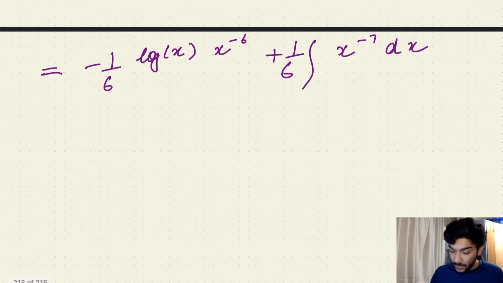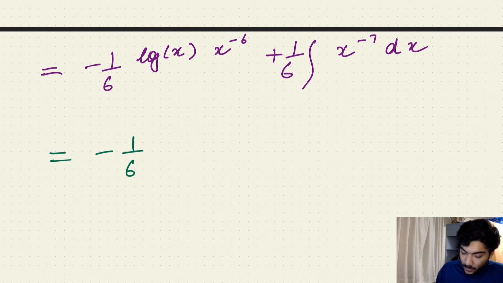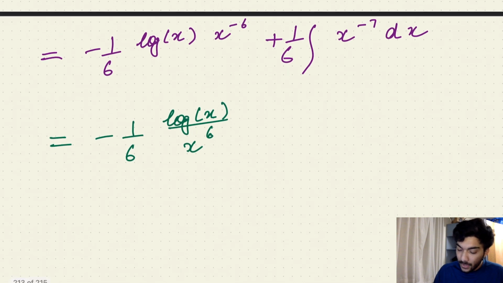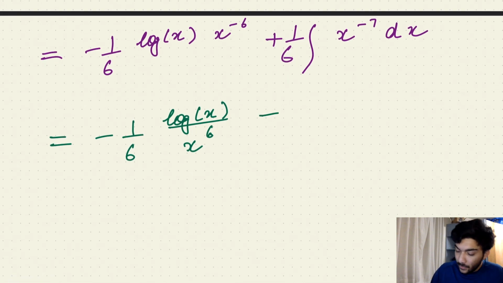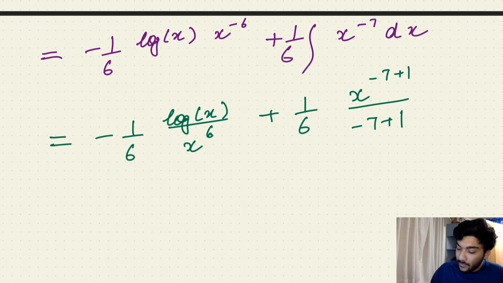So now let's simplify this expression again. We will get minus 1 upon 6 log x times x to the power minus 6, which can be written as 1 upon x to the power 6. So the first expression would be this one, and we can again write the integral of x to the power negative 7 as x to the power negative 7 plus 1 upon negative 7 plus 1.